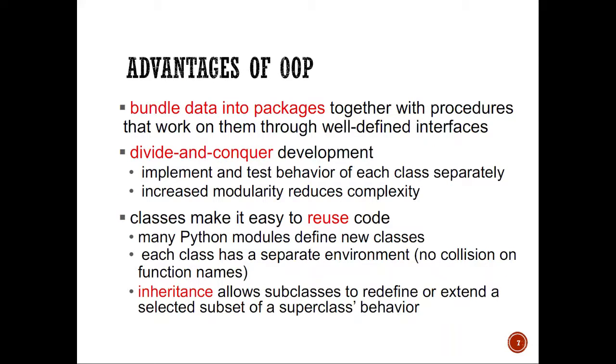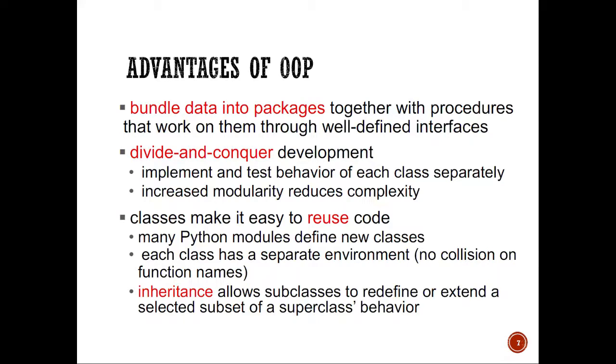The advantages of object-oriented programming are that it bundles data into packages together with procedures that work on them through well-defined interfaces. It allows us to follow the divide and conquer development process in which we can implement and test the behavior of each class separately. This in turn helps increase modularity and reduce complexity.